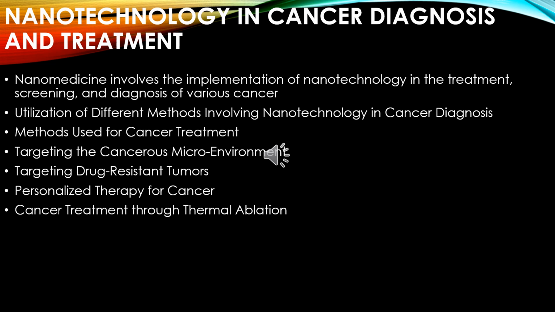For example, caplostatin and some other drugs are under study to find the retention time as well as the bioavailability of the particular drug in the target cells. This is how different strategies are developed to treat cancer using these nanosystems, and there are several strategies available.